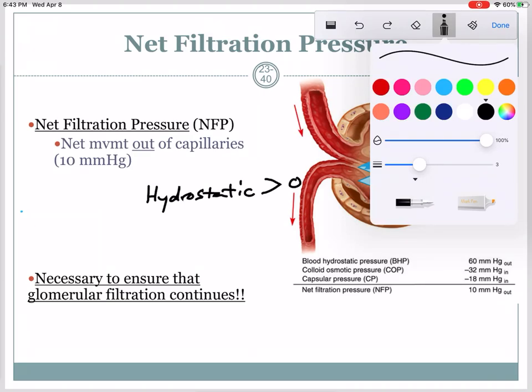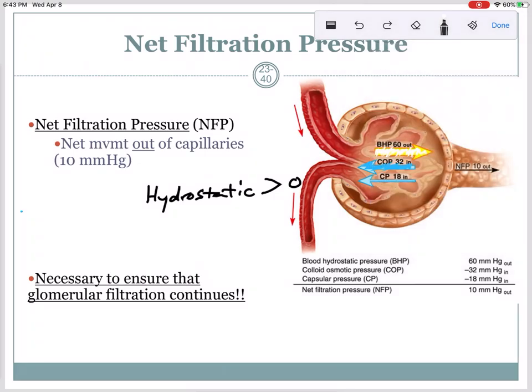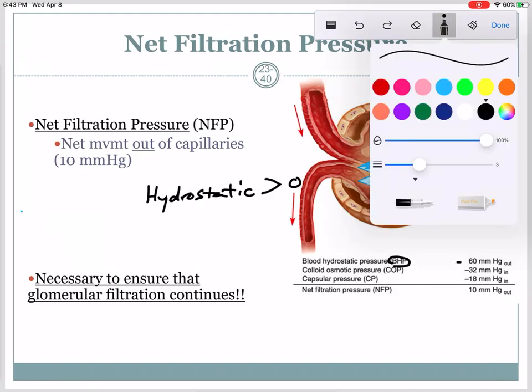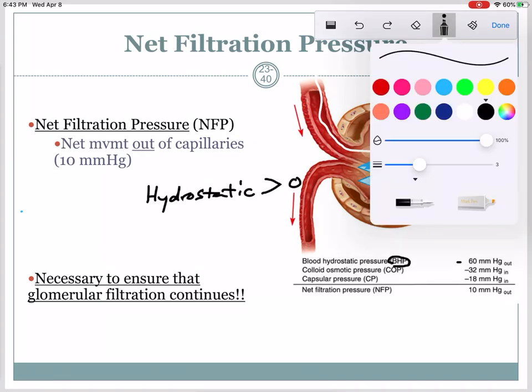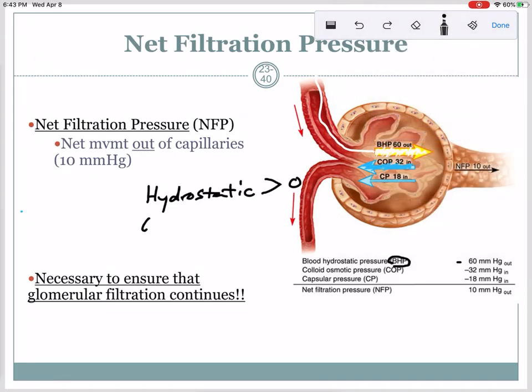So let's put some numbers on it just to give an idea here. The hydrostatic pressure is about 60 millimeters of mercury. So if I go back here, the hydrostatic pressure coming in here is about 60 millimeters of mercury.